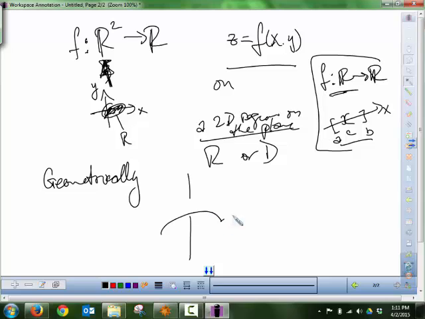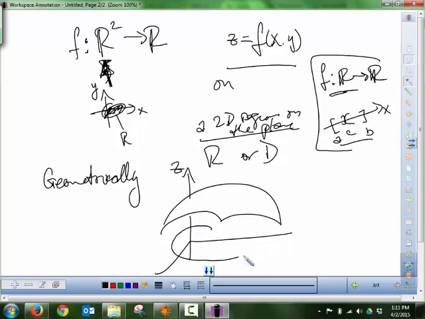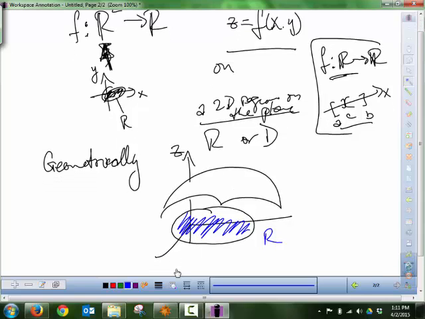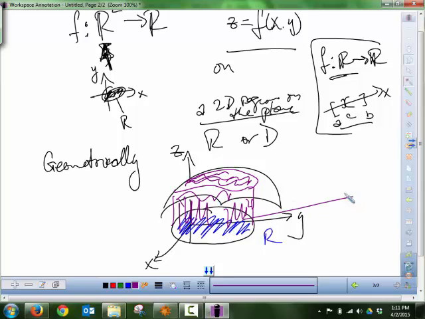Space under the surface. So if this is our region R, that's on the xy plane, it's on the domain, that's where your input's coming from, then we can imagine taking a look at this thing being projected up, and then we have a space here that we're trying to find.